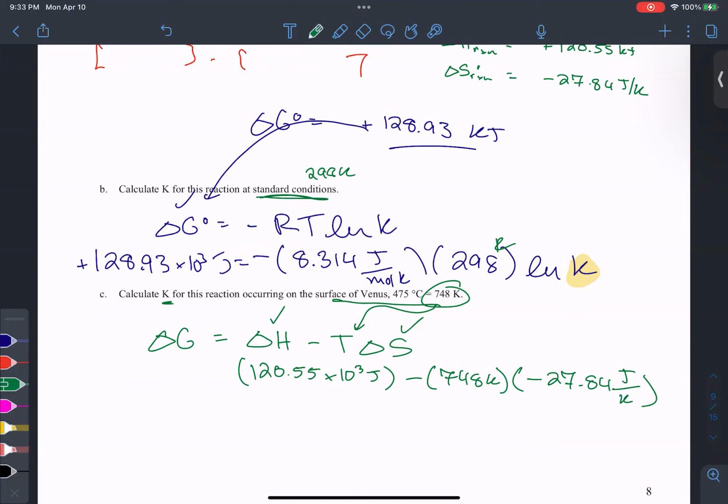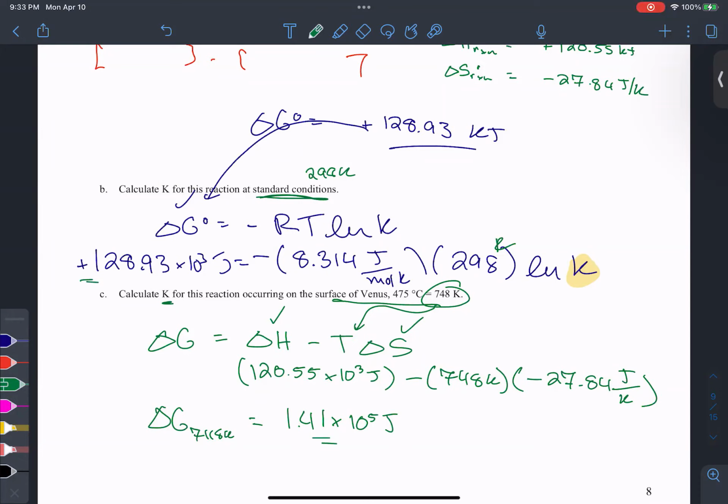All right, so let's get our new delta G value at 748 Kelvin, and we get a number like 1.41 times 10 to the 5 joules. So this is a different number than what we had at standard conditions.